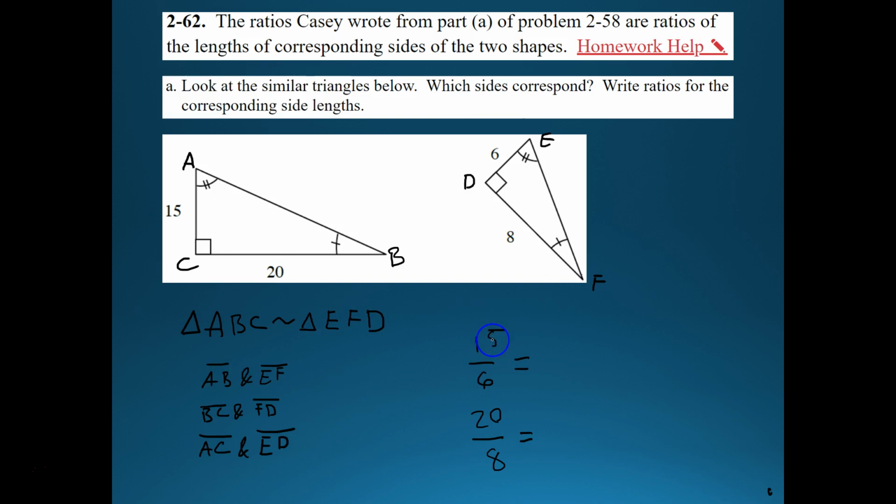For the first, if we divide top and bottom by 3, we get 5/2. For the second, if we do 20 divided by 4 and 8 divided by 4, we get 5/2 again. Since both of these are the same, we know what our dilation factor is.